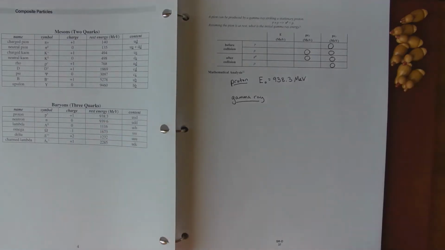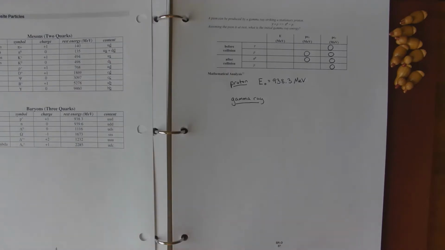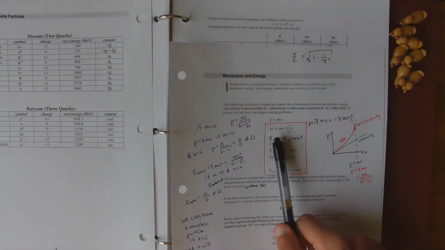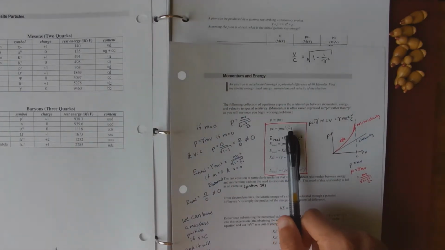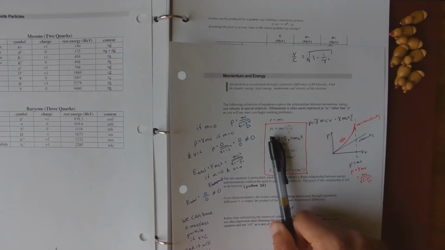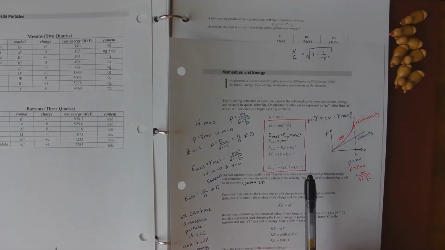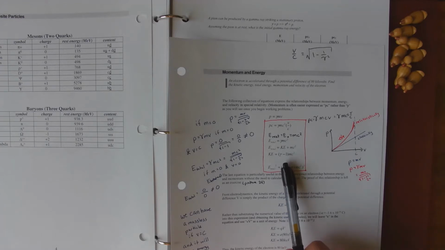So, let me just find my paper with all the equations on it. Okay, here we go. For the momentum, if the velocity is 0, the momentum is 0. And if the velocity is 0, then the kinetic energy is 0 because gamma is equal to 1. And so when the velocity is 0, that means E total is equal to the rest energy.